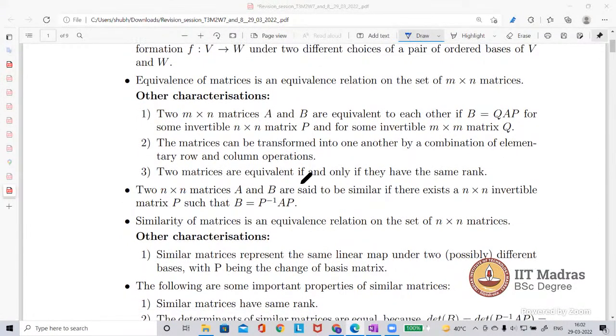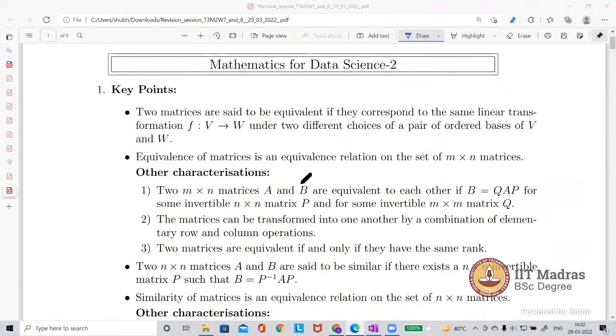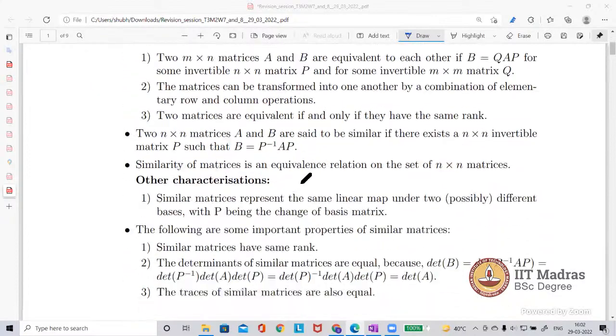Equivalence is defined on m cross n dimension, but similarity needs square matrices.